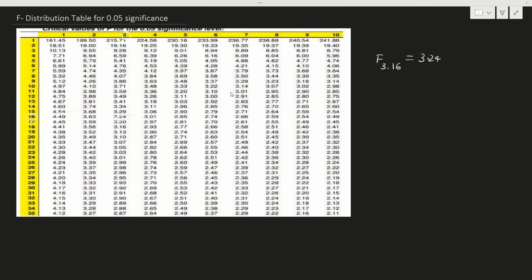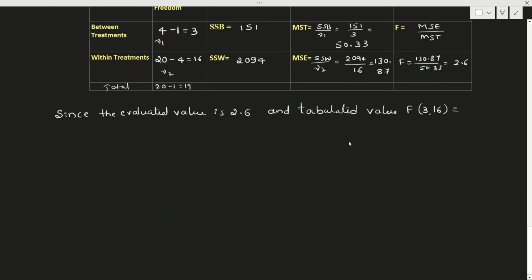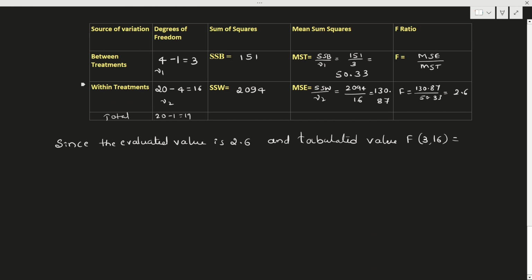From the table, F of 3 comma 16 is 3.24. So the F evaluated value 2.6 is less than the F tabulated value 3.24 at 5% level of significance.